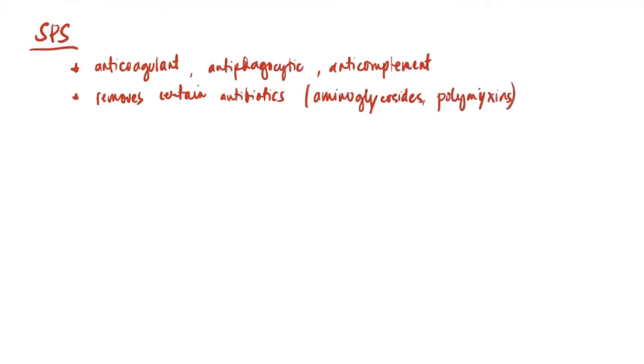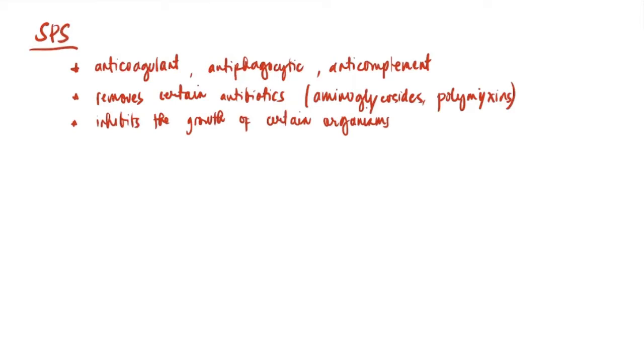Another thing to remember about SPS is that it inhibits the growth of certain organisms. Concrete examples of organisms inhibited by sodium polyanethol sulfonate are Gardnerella vaginalis and Streptococcus anaerobius.